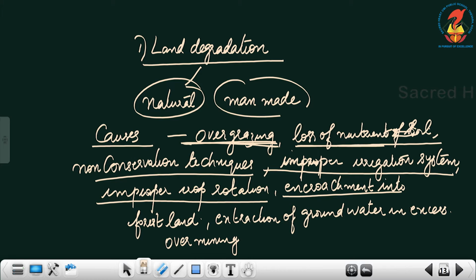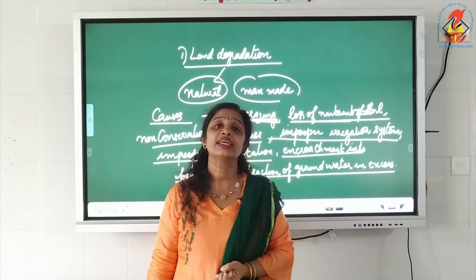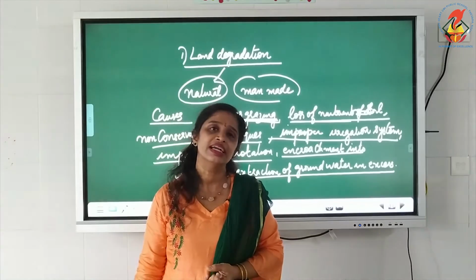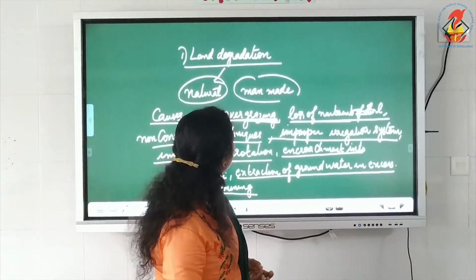Then encroachment into forest land, extraction of groundwater in excess, over mining, all these are major reasons for land degradation. So, land degradation can happen due to the following reasons.